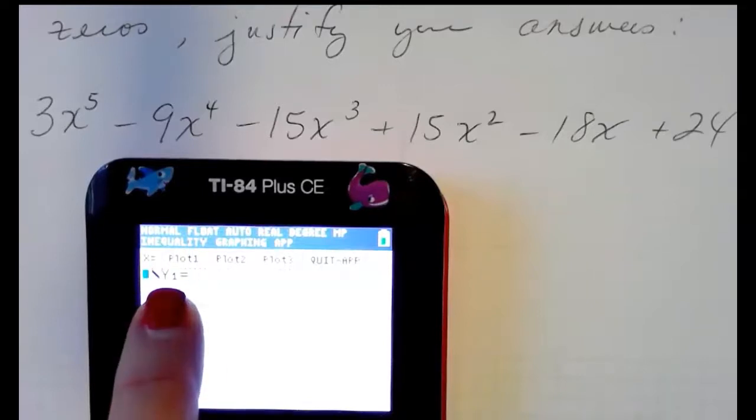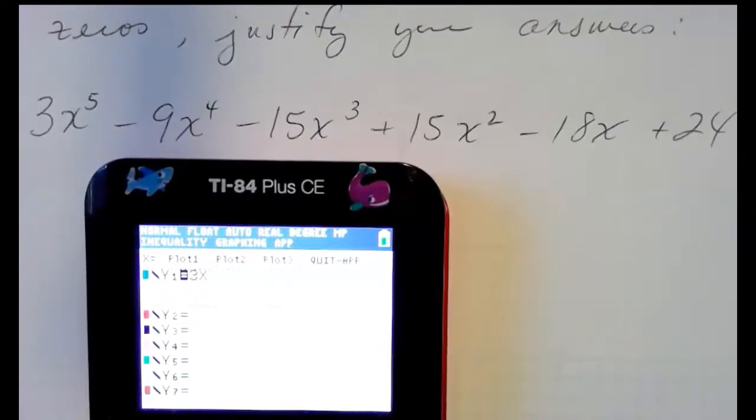So y equals 3x raised to the 5th minus 9x raised to the 4th minus 15x raised to the 3rd plus 15x squared minus 18x plus 24.